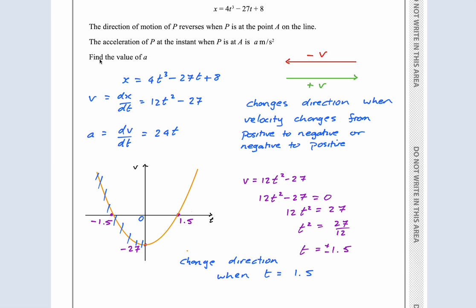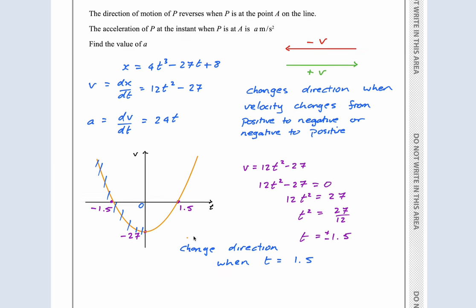But the question says, find the value of a. A is the acceleration at this time, essentially. Find the acceleration when p is at a, and p is at a at this time, because that is the time when it changes direction.